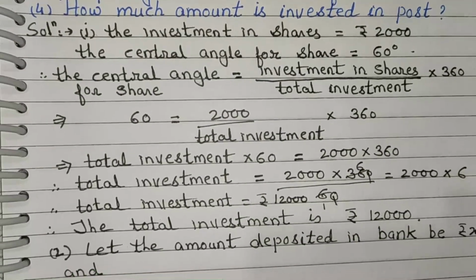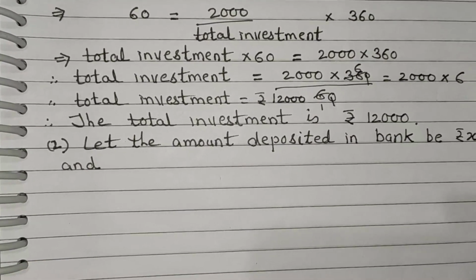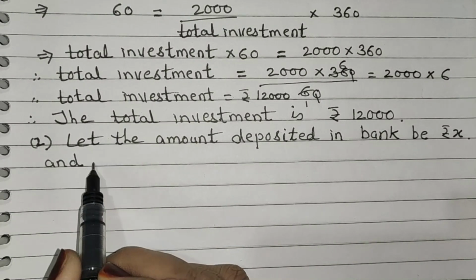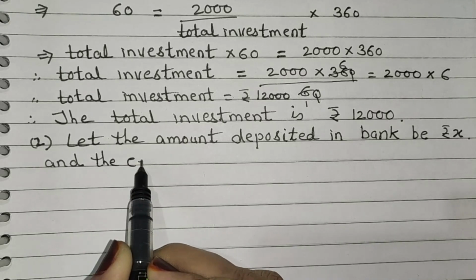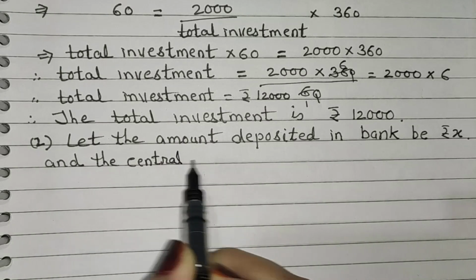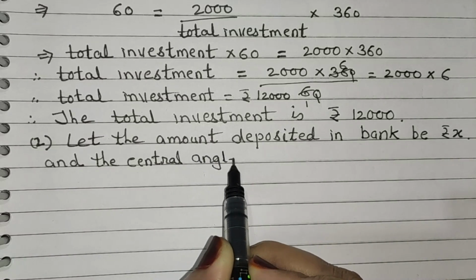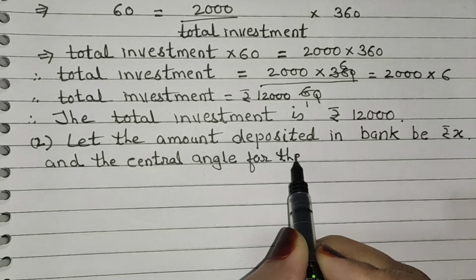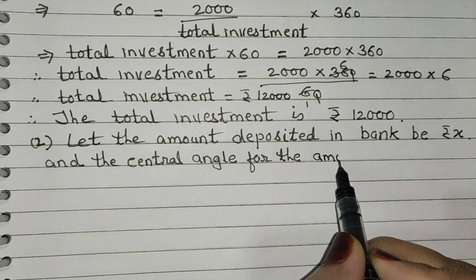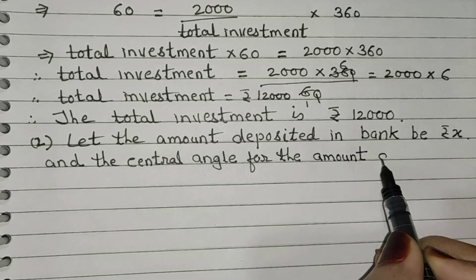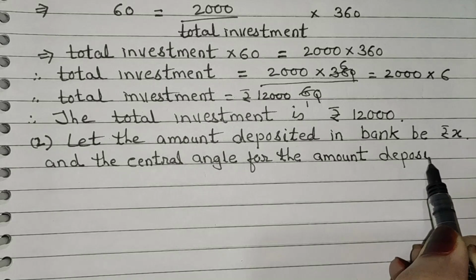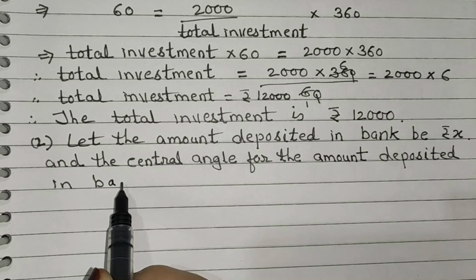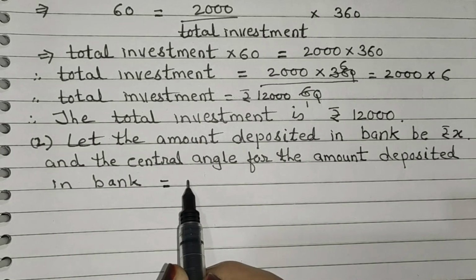Therefore, write down here, the central angle for the amount deposited in the bank is equal to 90 degree.